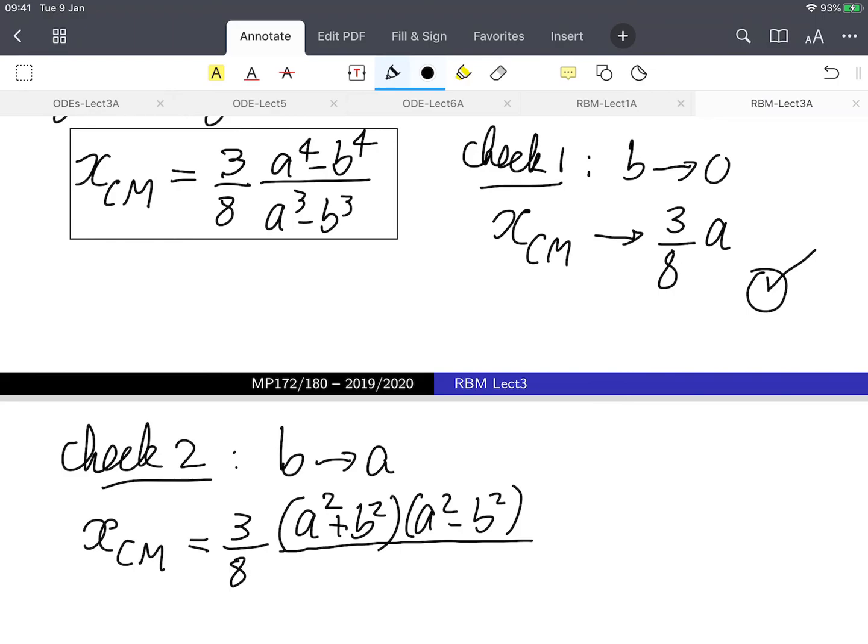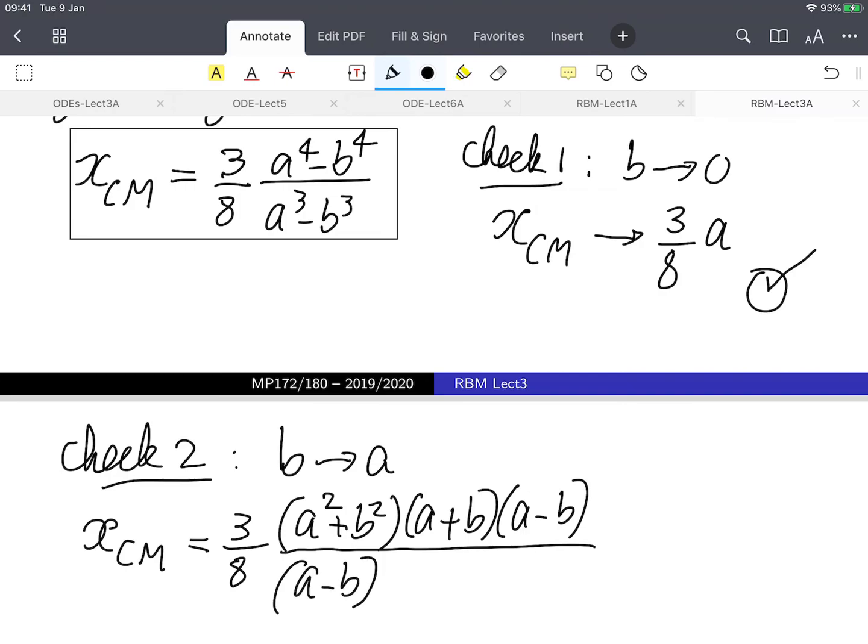And that's again the difference of 2 squares, so I can factorize it even further: A plus B, A minus B. And at the bottom, I can also factorize by A minus B. And I have to do long divisions.